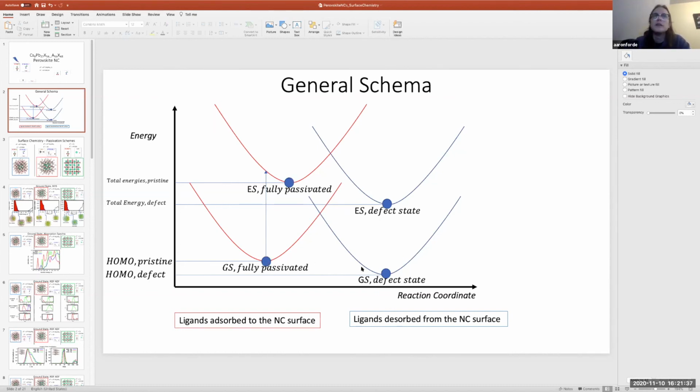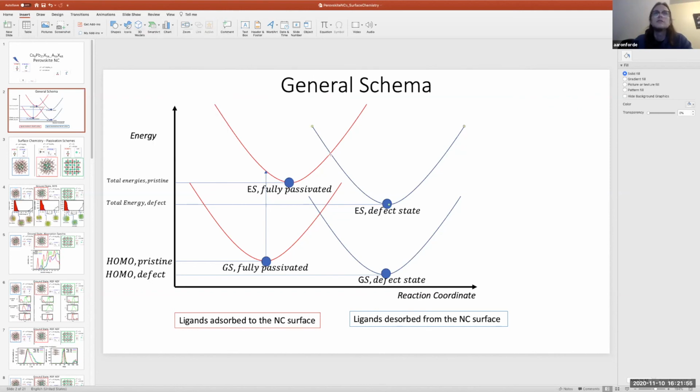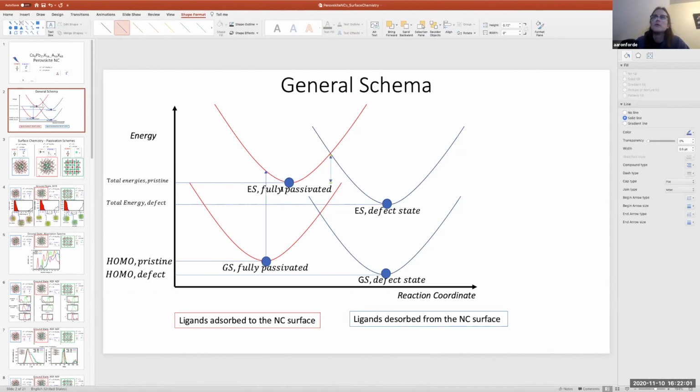That gives me the energetics, but to describe the surface chemistry that's actually happening, I need to look at the energy barriers between going from a fully passivated surface to some sort of defected state.